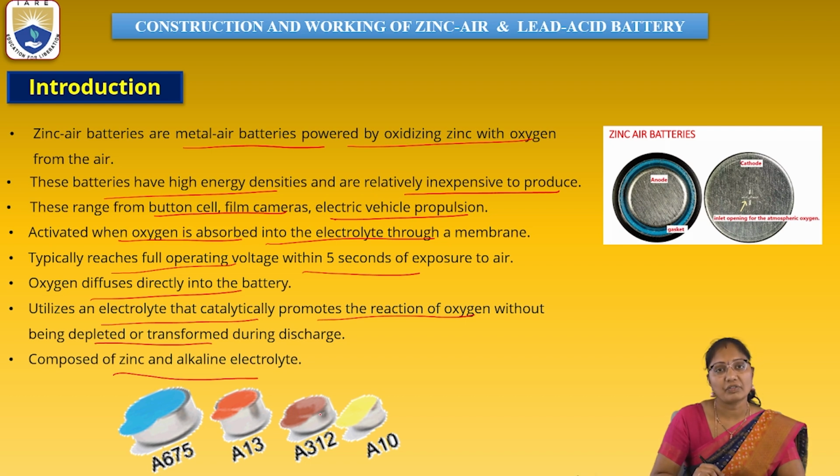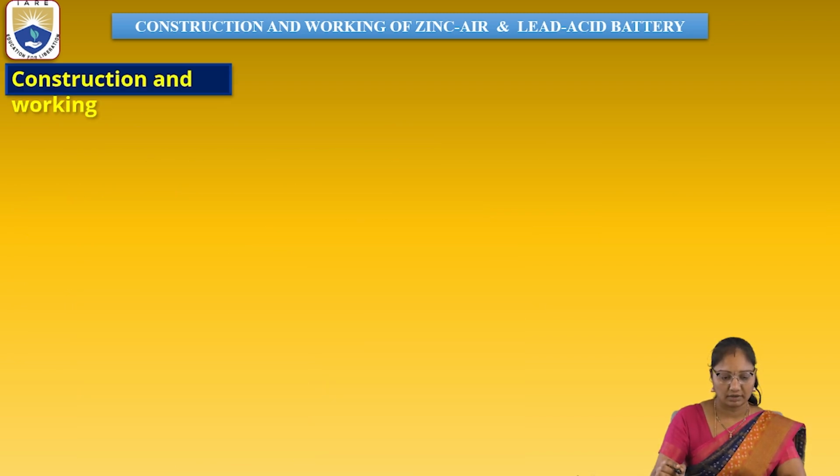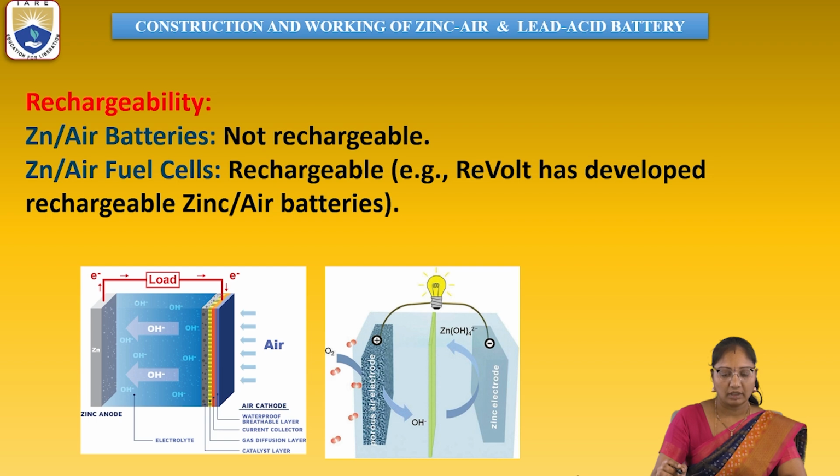It varies in size from coin cells to cameras and even electric vehicle propulsion. There are two types, rechargeable and non-rechargeable. Zinc air batteries are not rechargeable, whereas zinc air fuel cells are rechargeable air batteries.